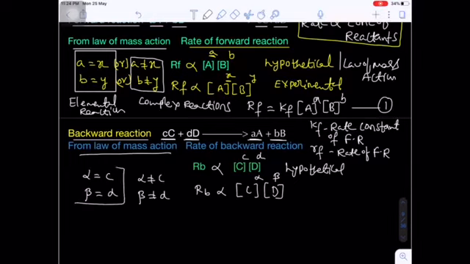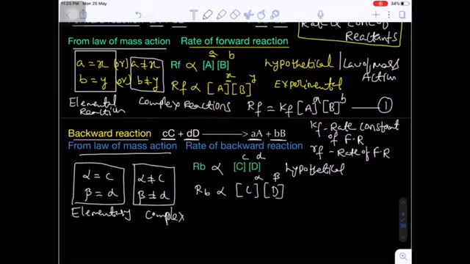This is corresponding to elementary reaction and this is for complex reactions. Are you getting my point? In elementary reactions, whatever the stoichiometry that is raised to the power, both are same, but in complex reaction the stoichiometry and powers are completely different.